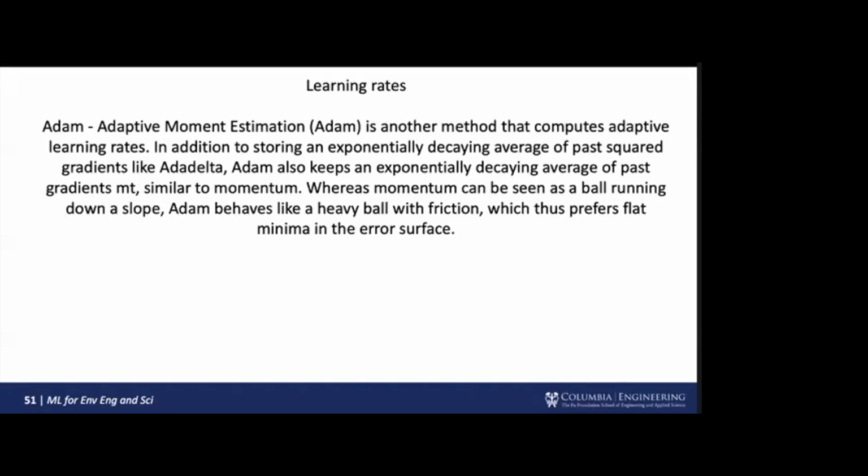So Adam keeps track of the average direction of recent gradients and the average size of recent gradients. You can think of it like a heavy ball with friction rolling downhill, right? It moves quickly in useful directions, but slows down in noisy or steep regions. Because of this balance, Adam often works well out of the box and is usually a good default choice.